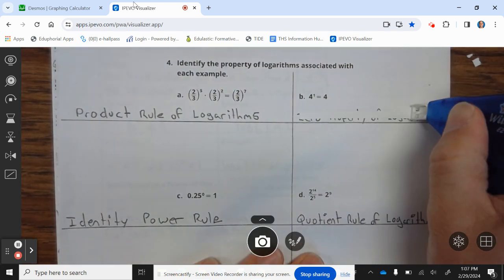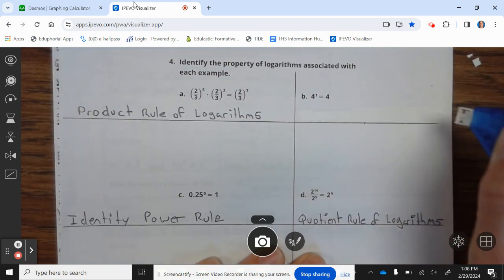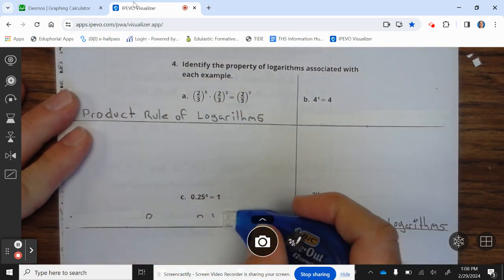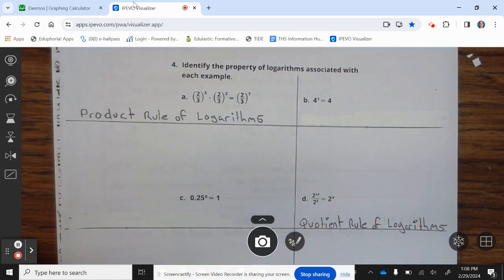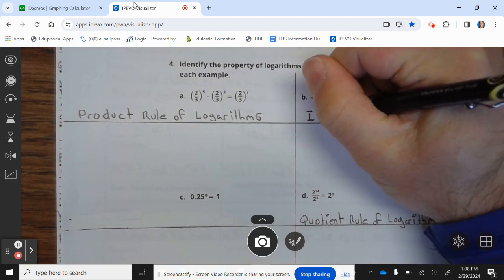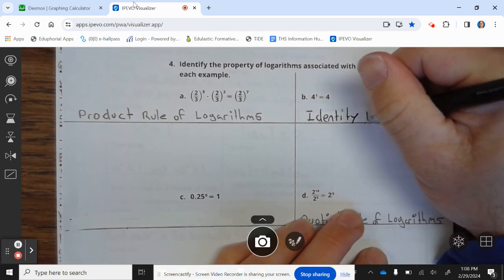Minor typo we're going to fix now is B and C are wrong. Let me fix that. This is actually the identity power rule.